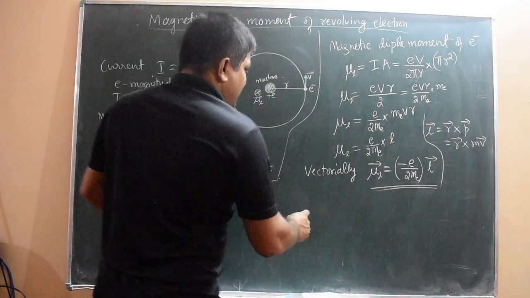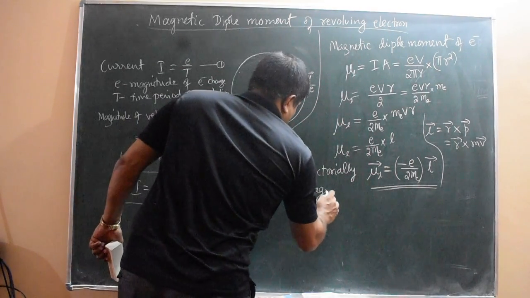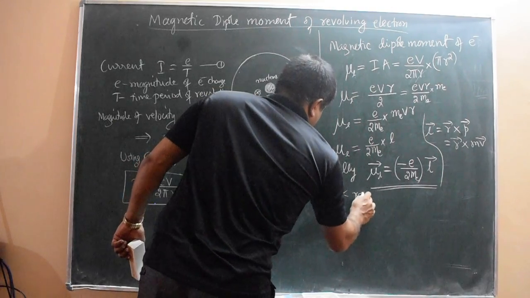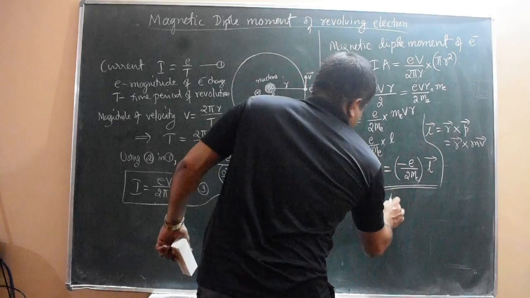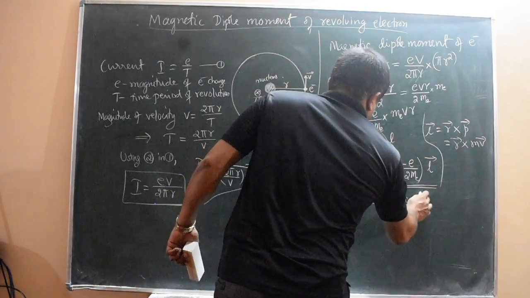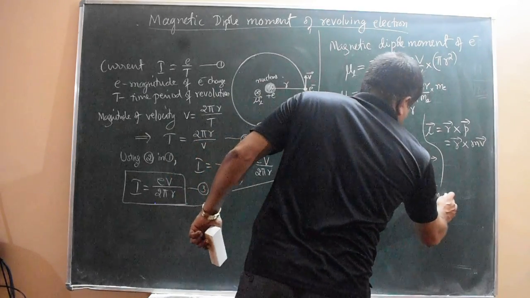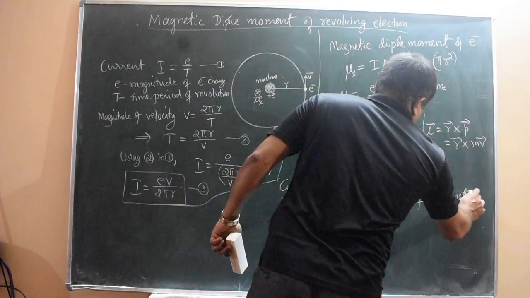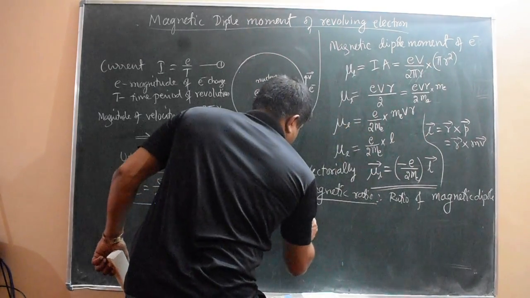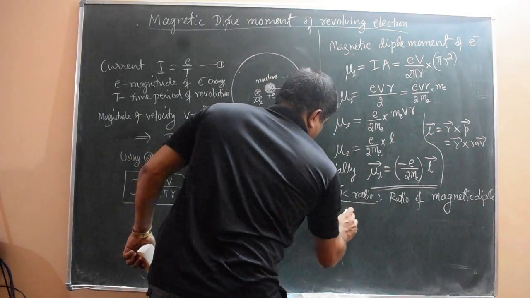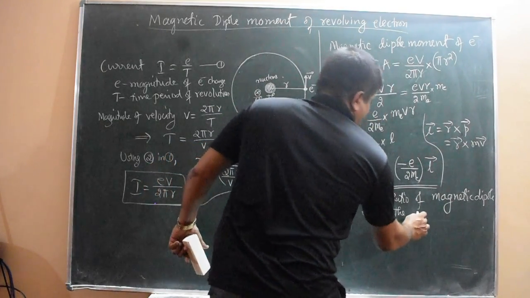Now I define gyromagnetic ratio. Gyromagnetic ratio means the ratio of the magnetic dipole moment of the electron to the angular momentum.